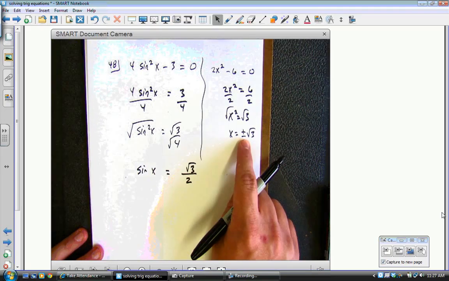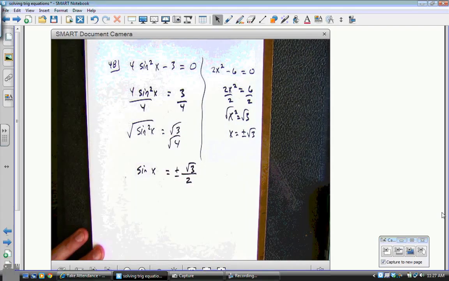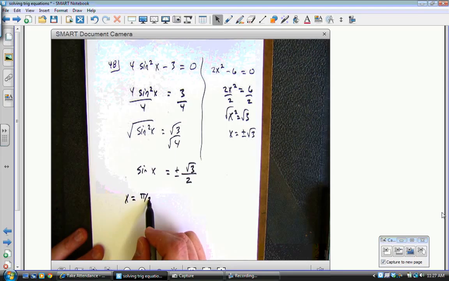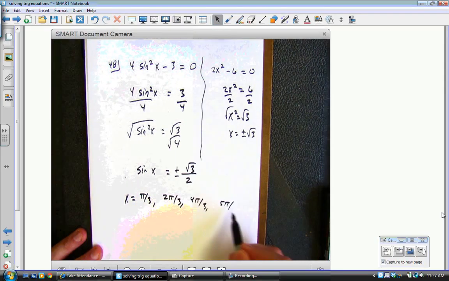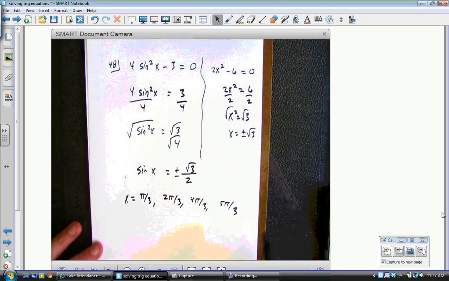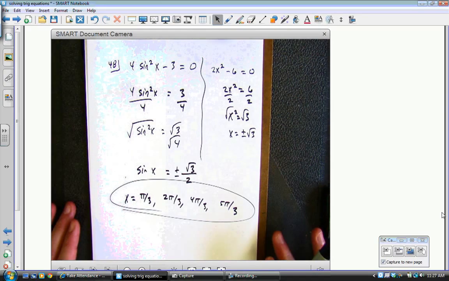Plus or minus square root of 3 over 2. Okay. So now, where is sine square root of 3 over 2 or negative square root of 3 over 2? So lots of spots there. Yeah. Pi over 3, 2 pi over 3, 4 pi over 3, 5 pi over 3. All right. So all of those.